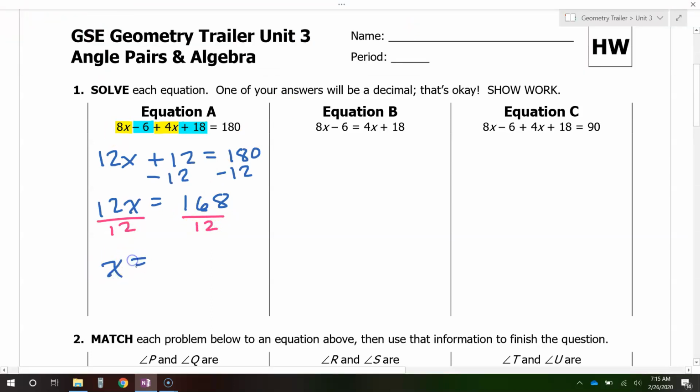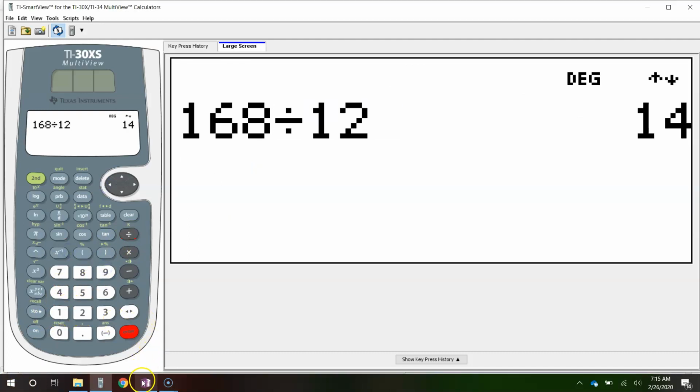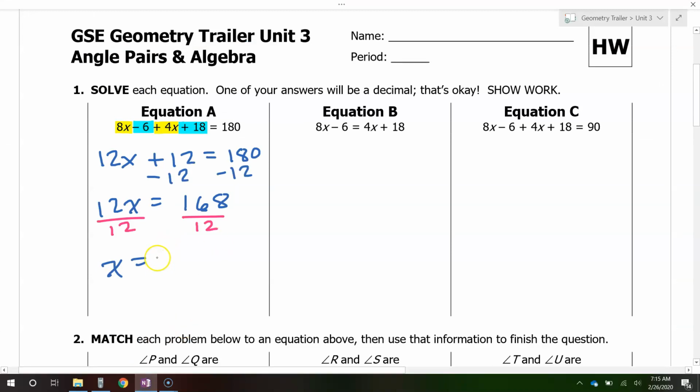Okay, so that's going to give us x equals 14. So x is equal to 14. All right, looking at equation B, we're going to do the same type of thing.